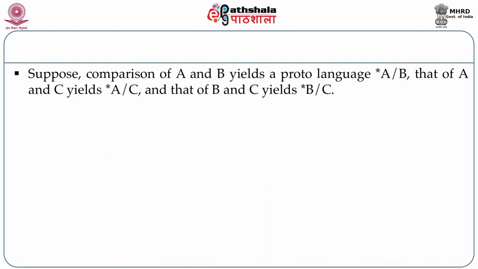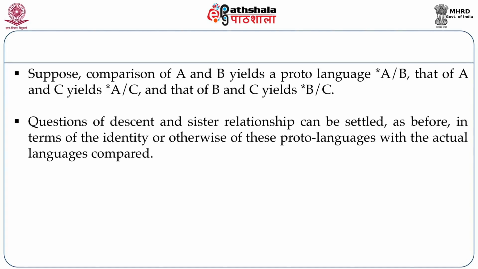Suppose comparison of A and B yields a proto-language AB, that A and C yields AC, and that of B and C yields BC. Questions of descent and sister relationship can be settled as before in terms of the identity or otherwise of three proto-languages with the actual languages compared.